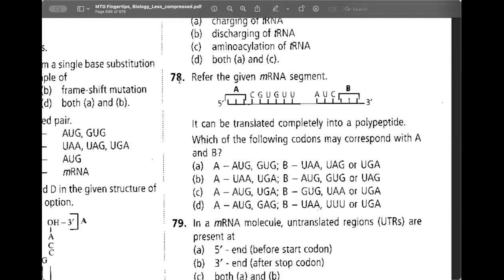So this is so confusing. Like they've given two options for A. And NCERT does not talk about any other codon that can act as start codon, right?